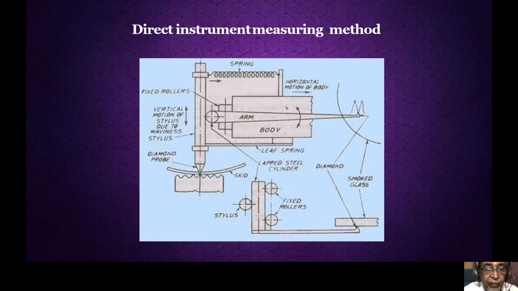When the diamond probe moves over the surface with some vibrations, the arm with a pointer at the end makes a graph of how much vibration is taking place.